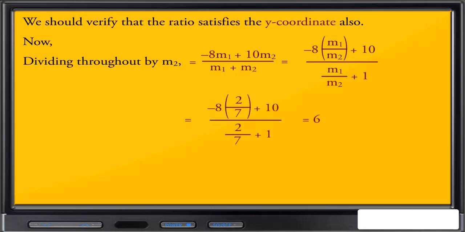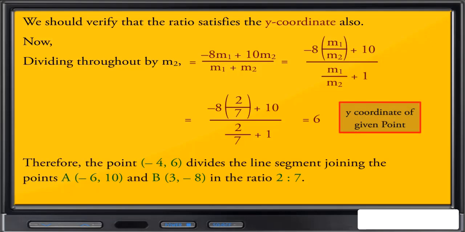This in turn is equal to minus 8 into 2 upon 7 plus 10 upon 2 upon 7 plus 1 is equal to 6. Therefore, the point (-4, 6) divides the line segment joining the points A (-6, 10) and B (3, -8) in the ratio of 2 is to 7.